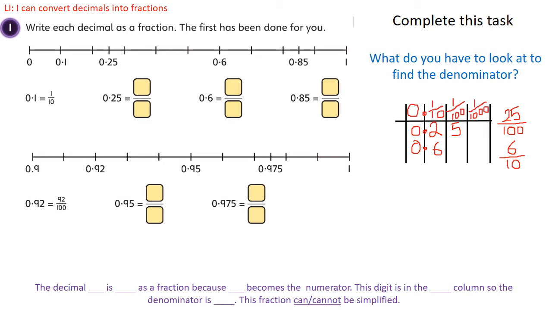What will the denominator be then? And then we've got 0.975. So you've got 3 digits. Write it in your place value chart. What column is the 5 in? Because that's your last digit. Whatever column that is going to be your denominator.